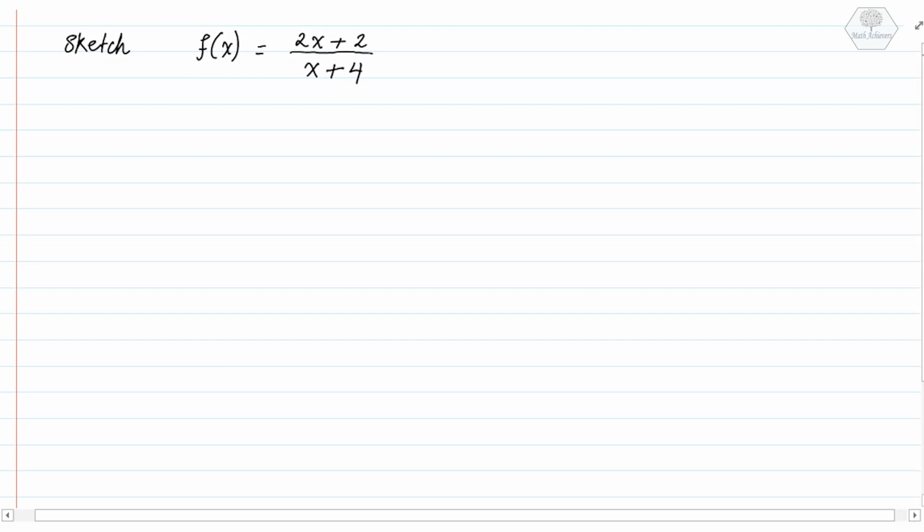All we have to know are our vertical and horizontal asymptotes. Start with the vertical asymptote, which is when the denominator is equal to 0. So x plus 4 is equal to 0, so x is equal to minus 4. This is my vertical asymptote.